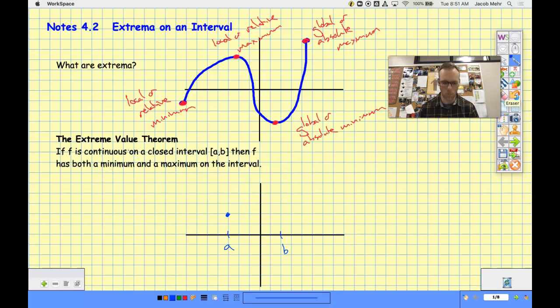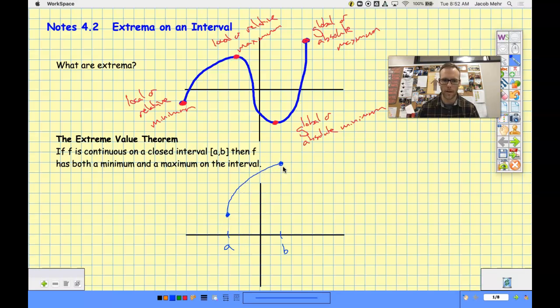So let me try drawing another one. How about if I draw something that looks like this? Does this have both a minimum and a maximum? Yep. It has two maximums, two maxima, and it has one minimum. How about that?